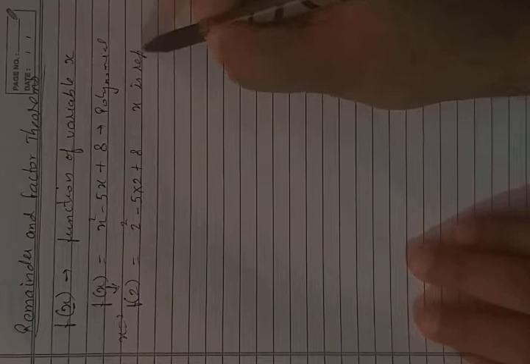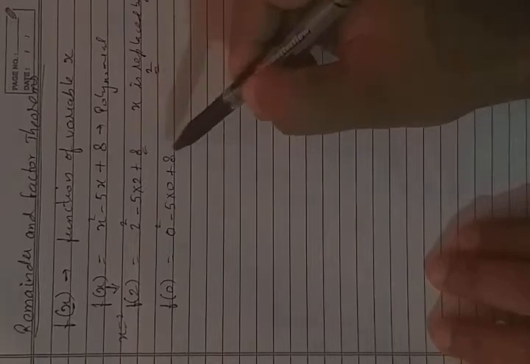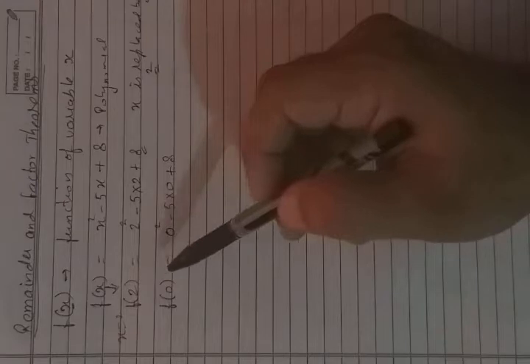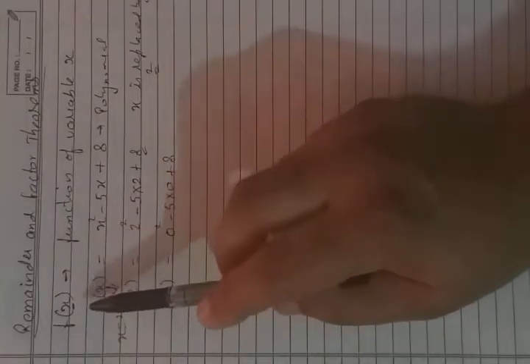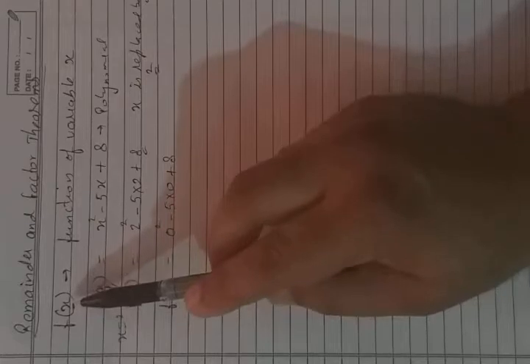So here x is replaced by 2. Similarly, f of 0 will be equal to 0 square minus 5 multiply 0 plus 8. So we can calculate these values based on the value of the variable. This is the first thing that we should know, and it is read as f of x.